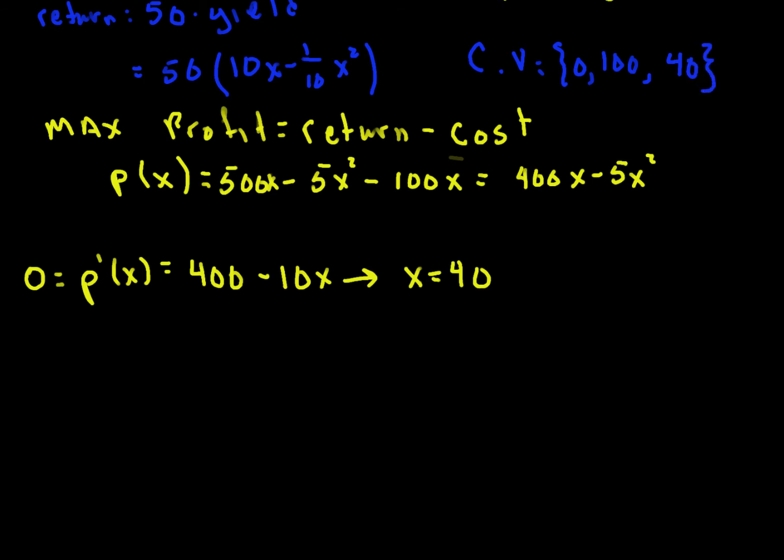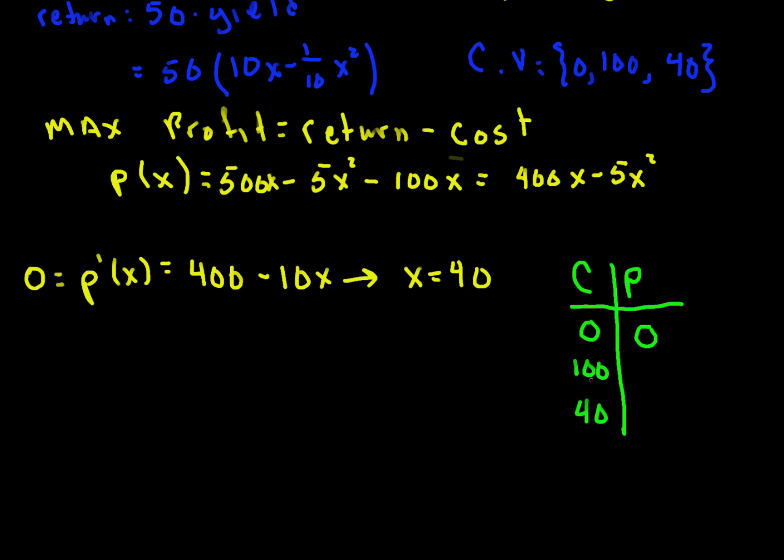Since we've got three critical values, we don't have to use a second derivative test. We can just evaluate at all the endpoints and the interior critical values. So we'll put our critical values here, our profit function here, and we need to look at 0, 100, and 40. As we already talked about, if we put 0 into our profit function, we'll get $0 back.